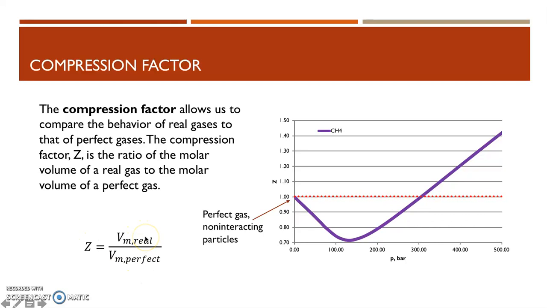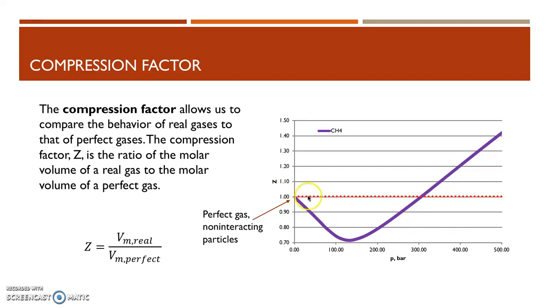If your real gas actually does behave as a perfect gas, then you have 1, and that's the red dotted line indicated here on this compression factor versus pressure plot. Now, if the pressure is super low, approaching zero, those particles are very, very far apart from each other, and that's the limit in which you're going to have a perfect gas. Those particles are not going to interact with each other.